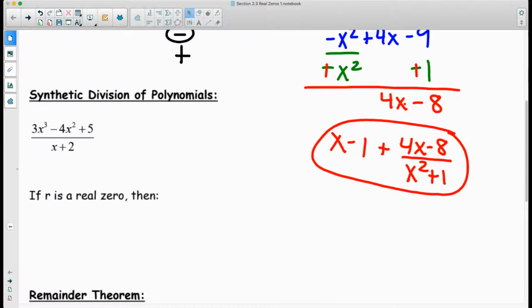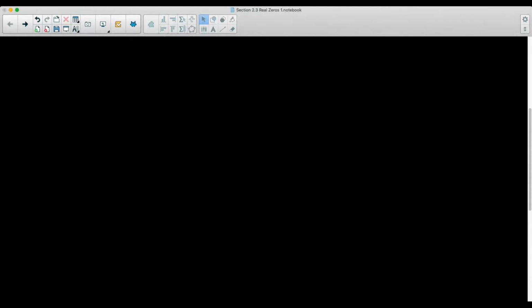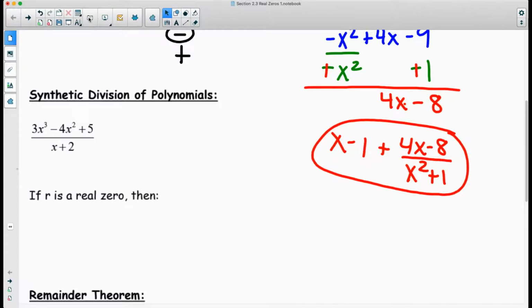Must have got rid of the little camera thing. There it is. That's what I need. Sorry, this could be loud for a second.